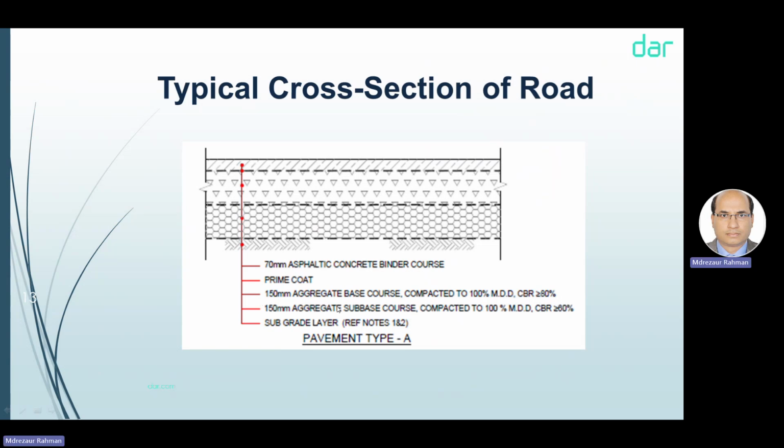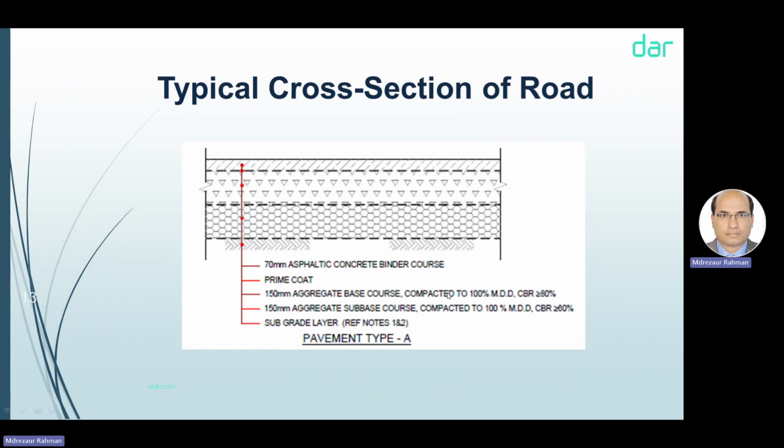Before the subbase, the contractor must attach the clearance form. After approval of the subbase, we go for the base course. This is also 150 millimeters, with 100% compaction and CBR of 80%.